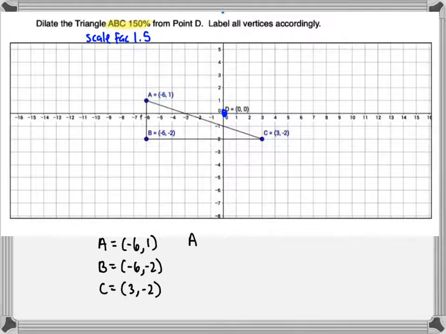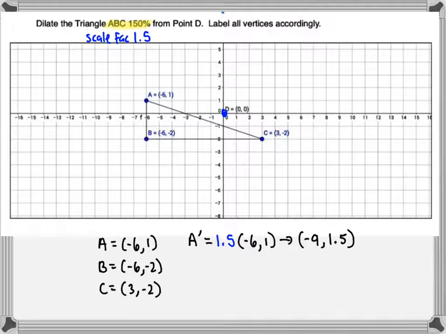Okay, so for example, if I wanted to find A prime, I would take the scale factor, which is 1.5, and multiply it into these coordinates right here. Negative 6 times 1.5 gives me a new point of negative 9, and 1 times 1.5 is 1.5.